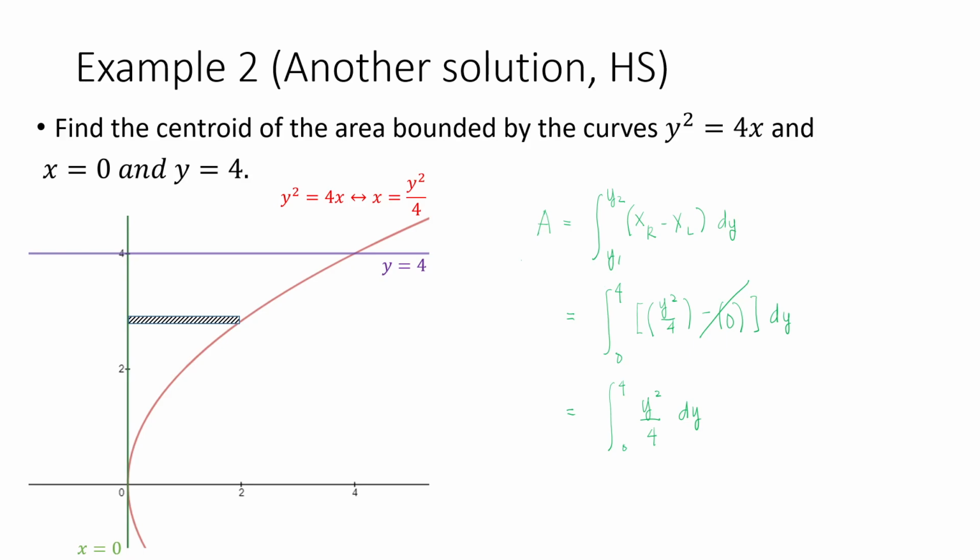So again, earlier, we can also use the vertical strip. So in terms of the x variable, earlier it's y is equal to 2 square root of x, right?